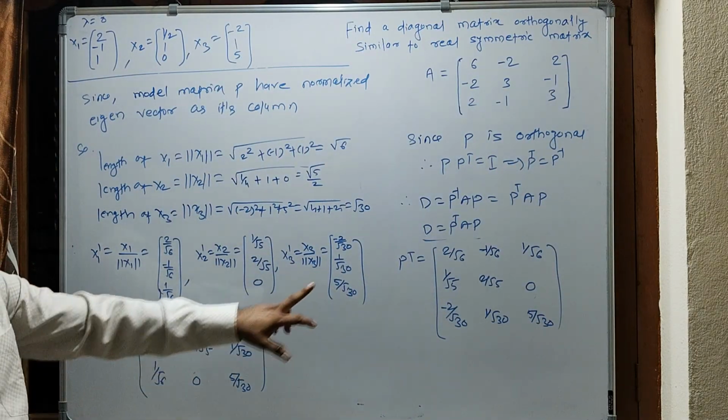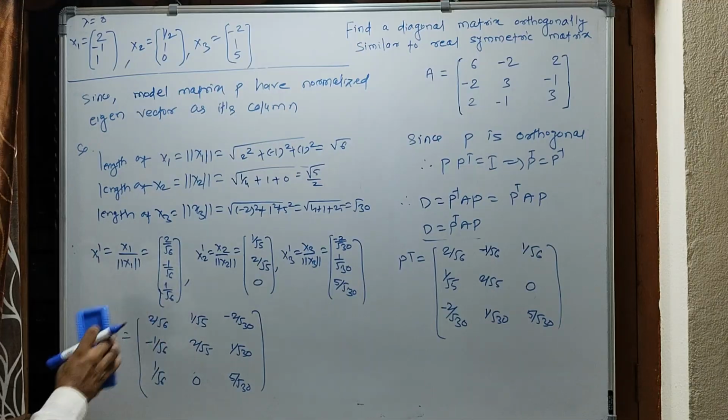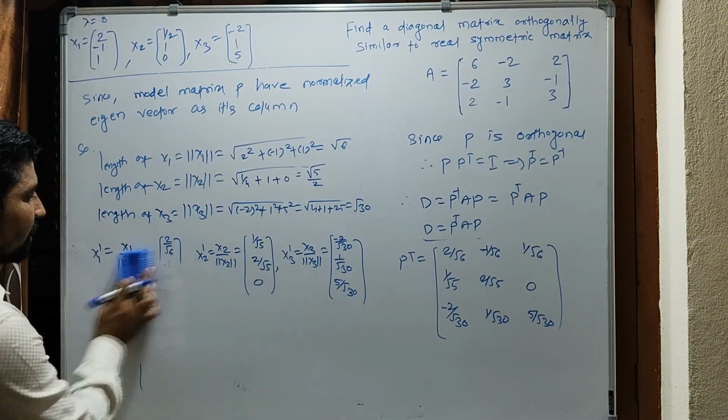So now write D equal to P transpose AP, and you will get the D matrix.